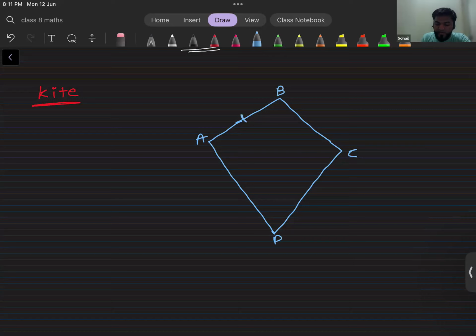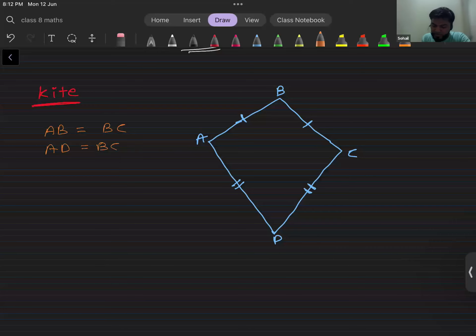Side AB is not equal to side CD here, but side AB and side BC are equal to each other. So AB is equal to BC, and AD is equal to CD here.